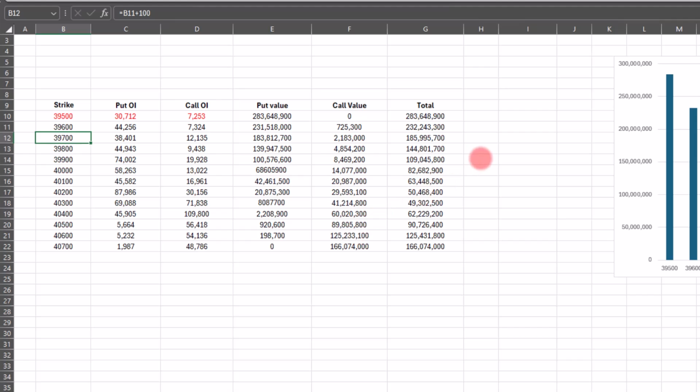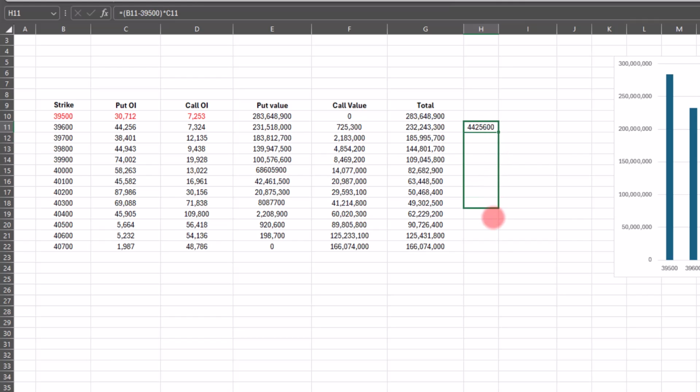So here's what the calculator is going to do in the computer. We're going to say, let's just do this strike minus 39.5. All right, now 39.6 minus 39.5 is 100 points. We're saying we're 100 points in the money times this open interest. All right, so everybody with me.